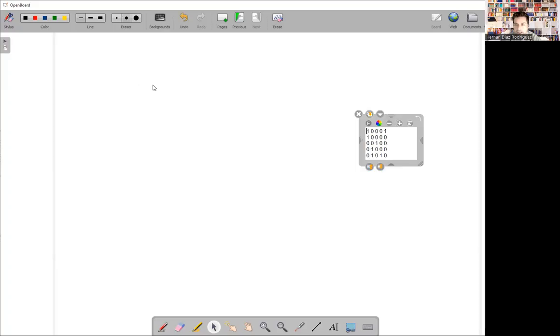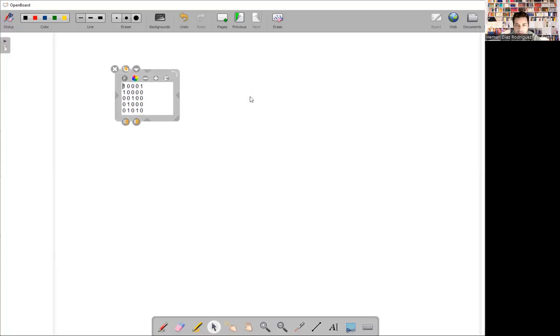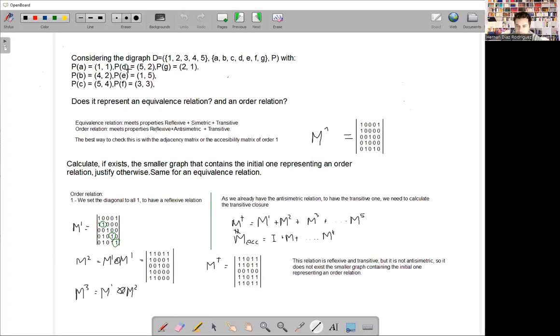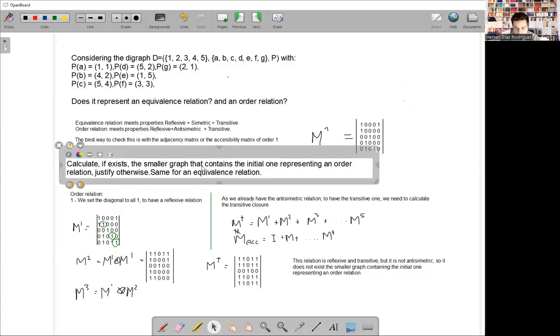We're going to copy the matrix here, the accessibility matrix of order 1. And we are going to copy the text of the problem.